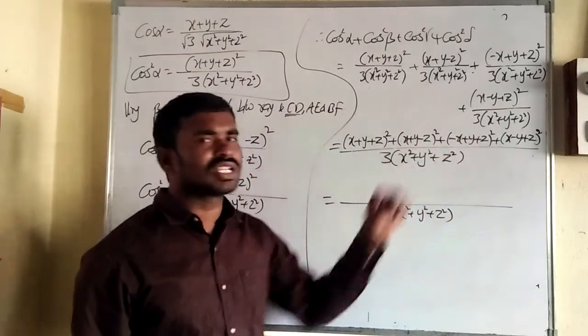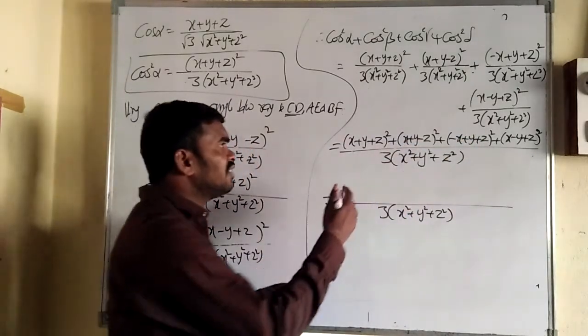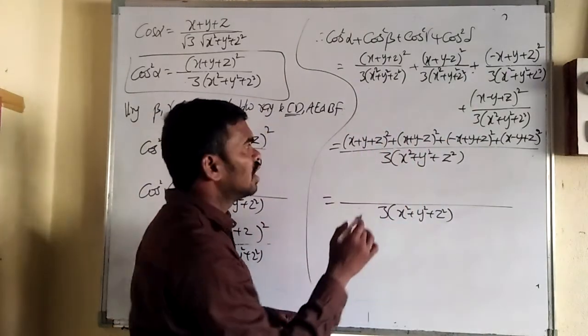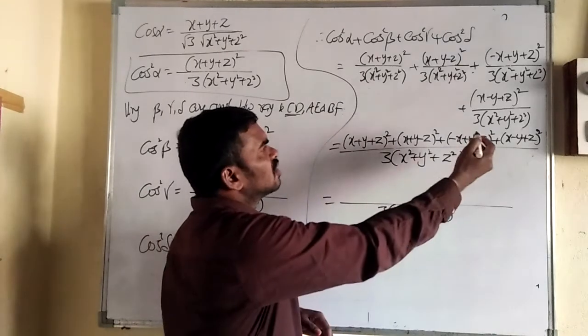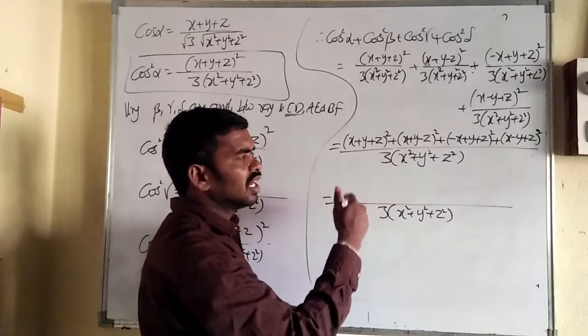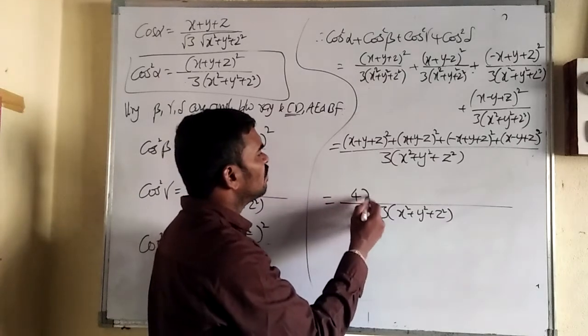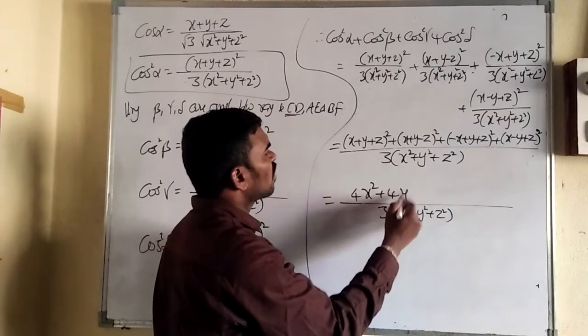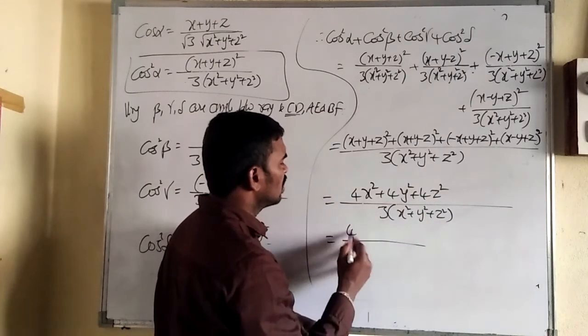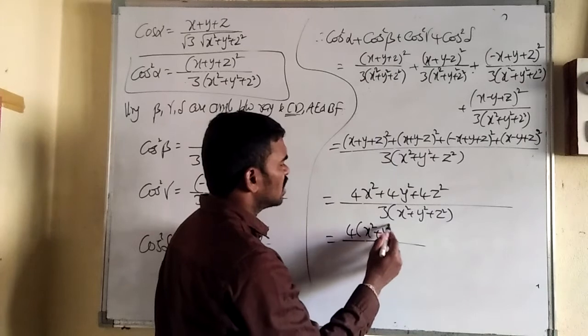Next, if you simplify, finally we get 4x square terms, 4y square terms, 4z square terms. The 2xy and minus 2xy cancel, and the 2yz and minus 2yz cancel. Like that, finally only 4x square, 4y square, 4z square terms remain. So what is common in the numerator? 4 into (x square + y square + z square).